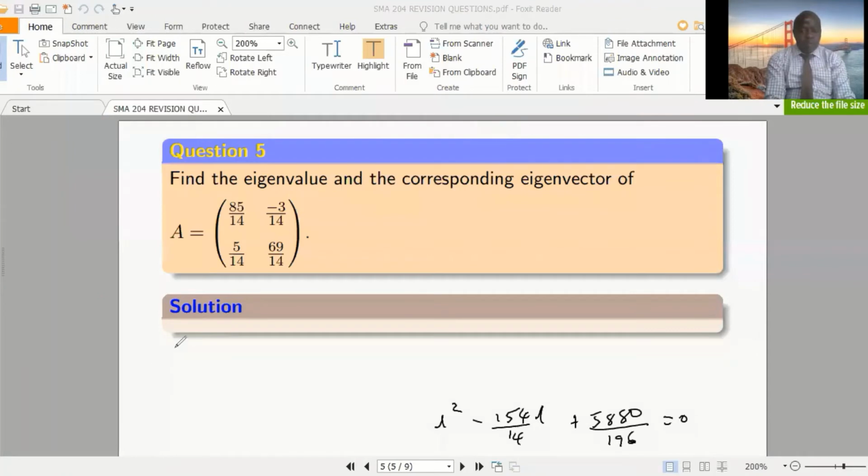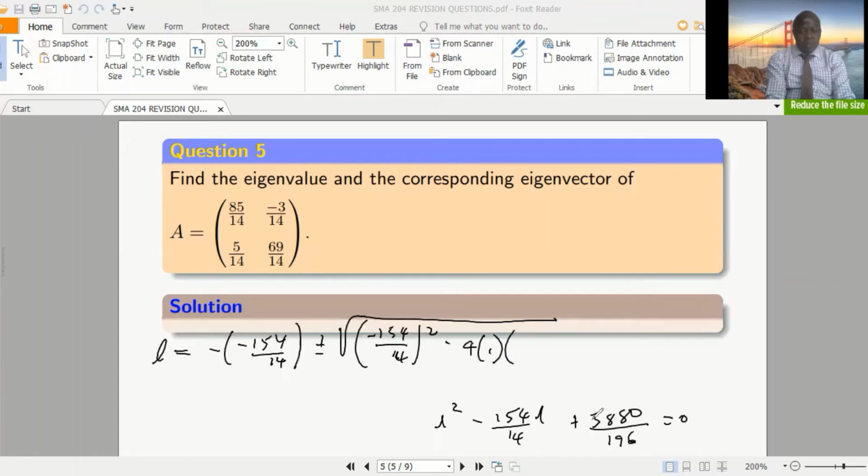So what is lambda? By quadratic formula, it would be minus minus 154 out of 14, plus or minus the square root of negative 154 out of 14 squared, minus 4 multiplied by 1, then multiplied by 5880 out of 196.